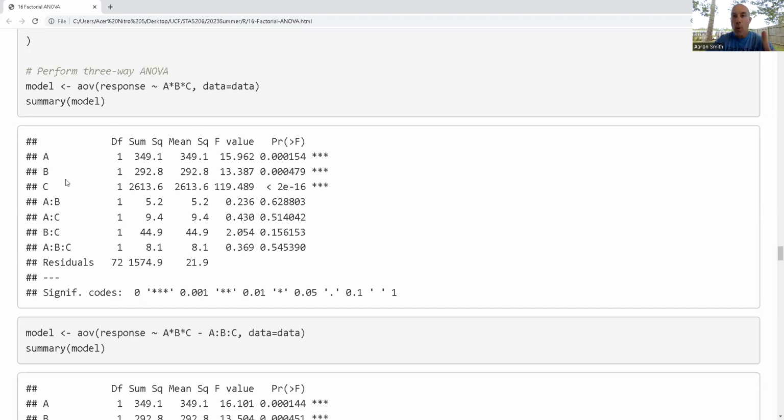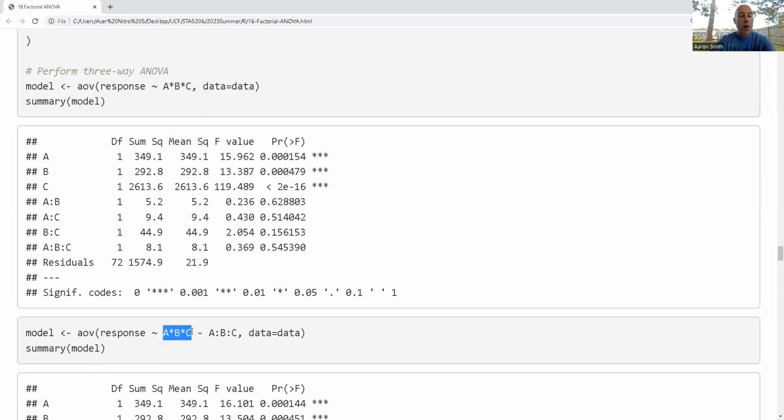Now, the first one I want to study is my highest order interaction. I look here, and that is not statistically significant. So if this was real life, I would conclude that the higher order interaction is not appropriate. I'm going to kick it out. So immediately, I'm going to reduce down my model. I want to have all of these pairwise interactions considered plus all the main effects.